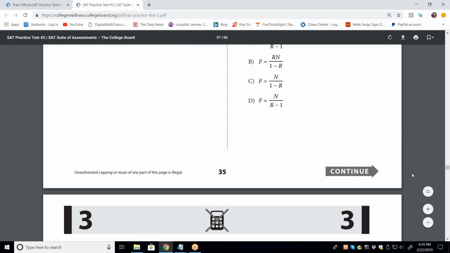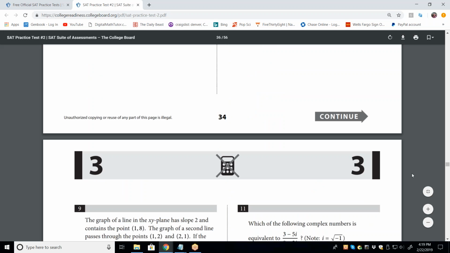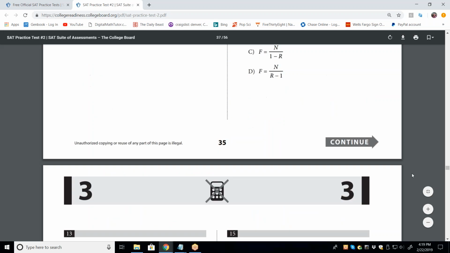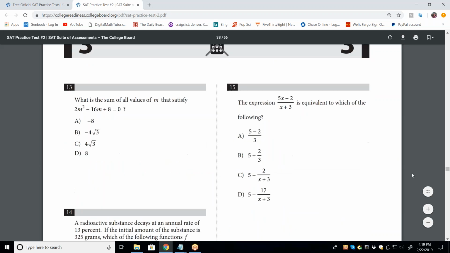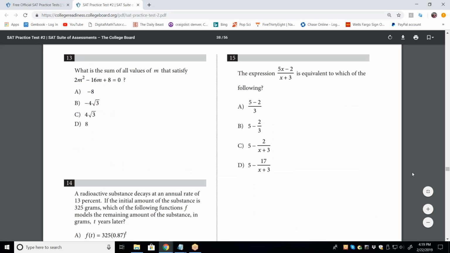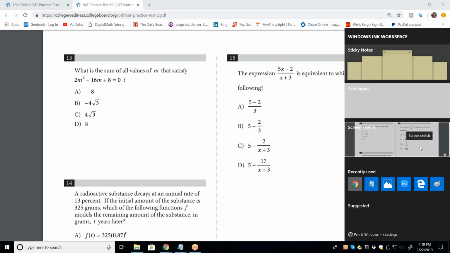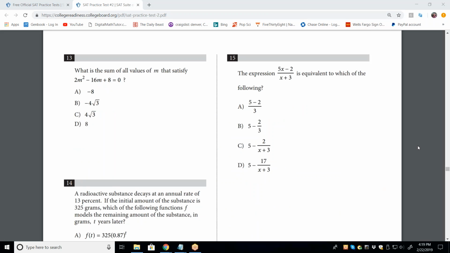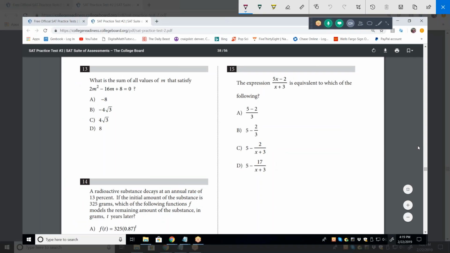All right, let's see. These are all no calculator still. And now we're getting into some of the harder ones. We would expect these to be a little harder. But I should add that level or degree of difficulty is based on a national average.